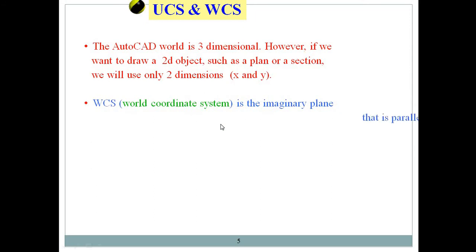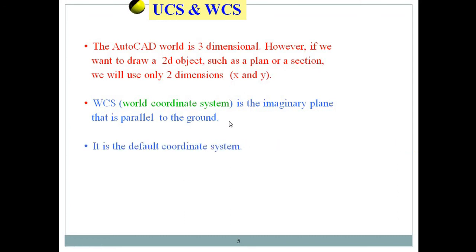Also, WCS, the world coordinate system, is called an imaginary plane that is parallel to the ground, and WCS is the default coordinate system. It's easy to change the system.